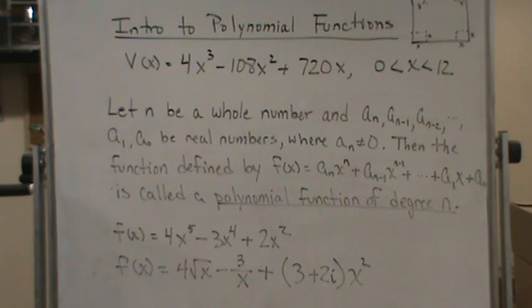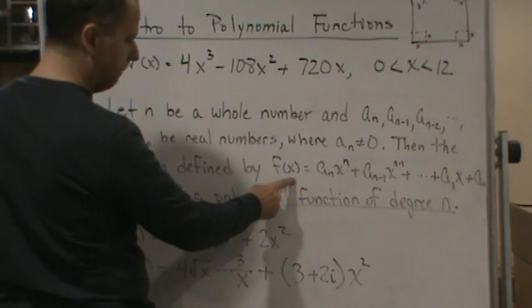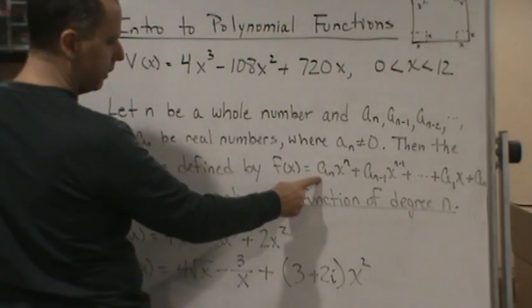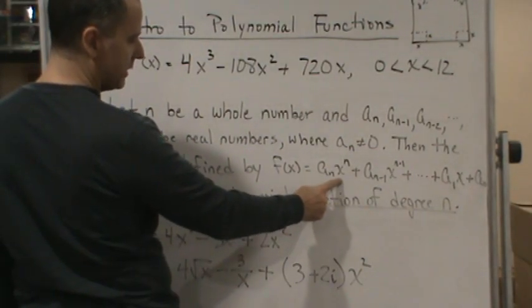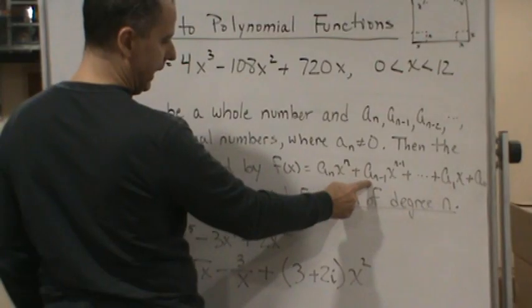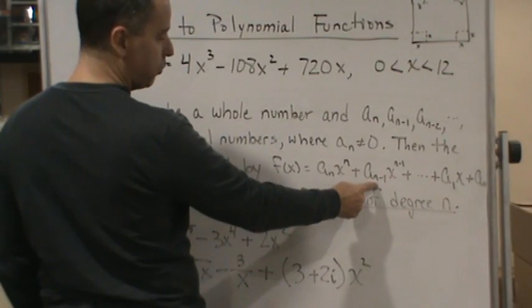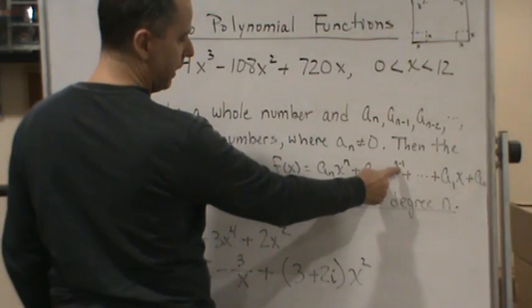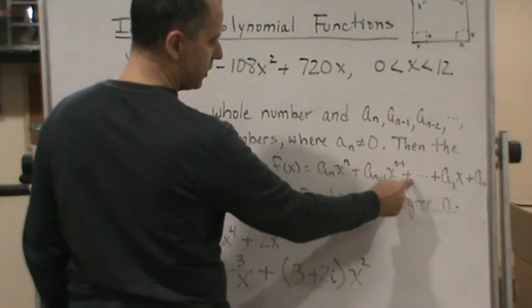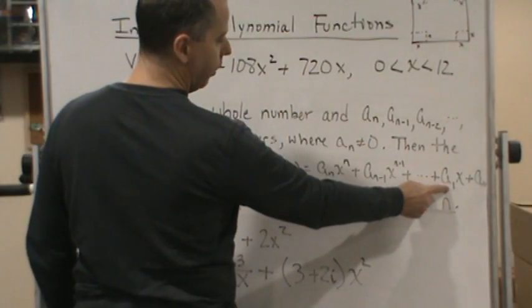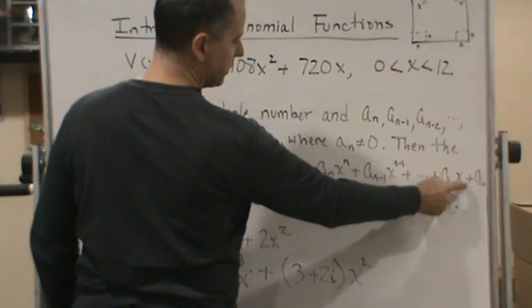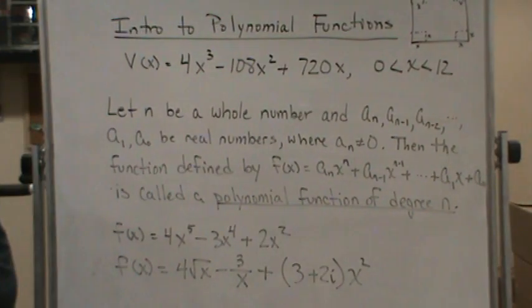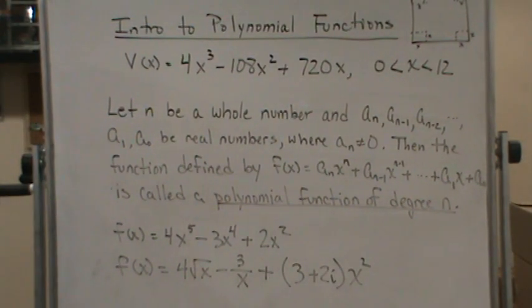Then the function defined by f of x equals a sub n times x to the nth power plus a sub n minus 1 times x to the n minus 1 power plus all the way down to a sub 1 times x plus a sub 0 is called a polynomial function of degree n.